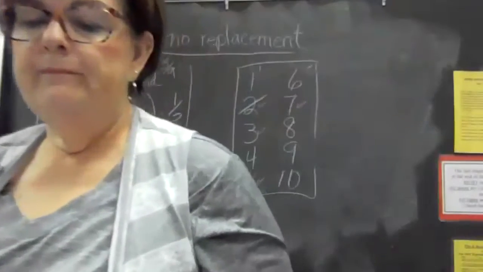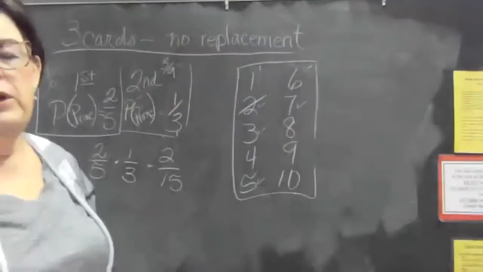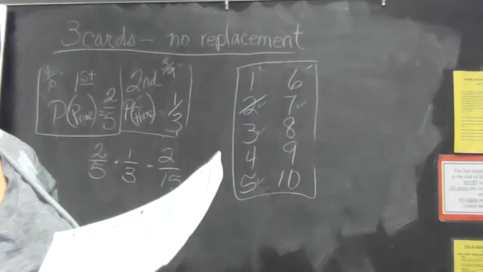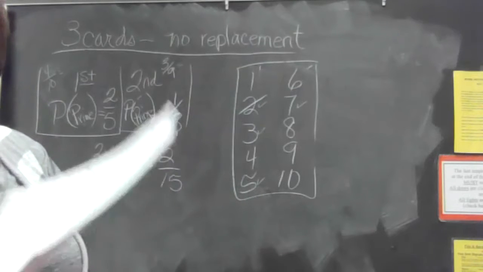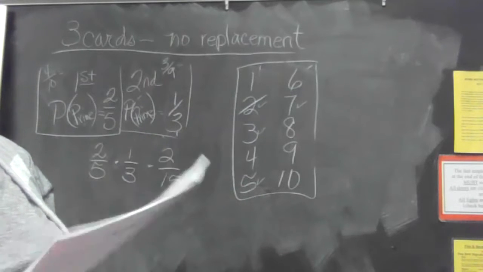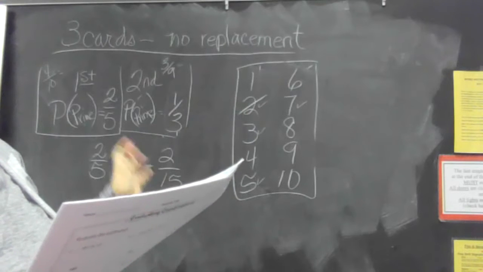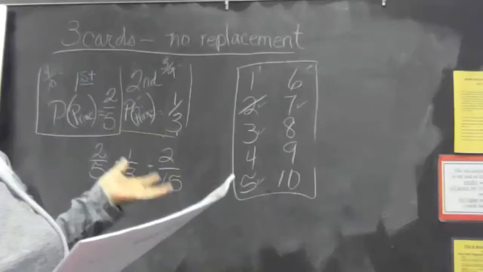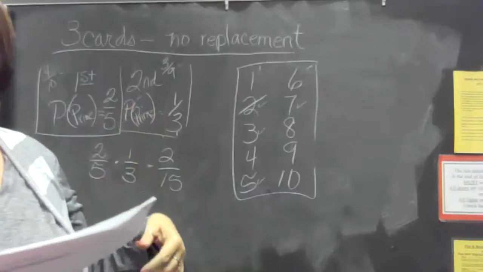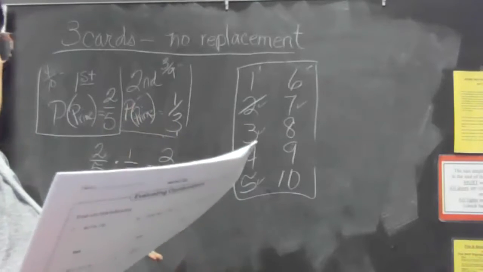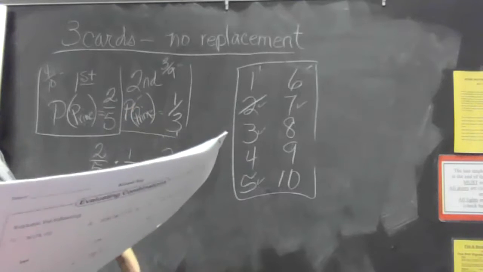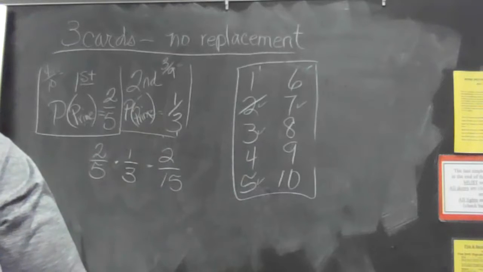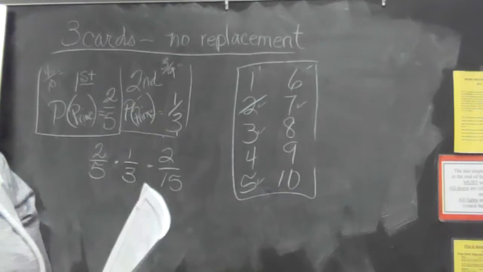Okay, rewind. When I worked this problem, I took part of question number 2, where it said we're not going to replace and everything's the same as the first. But then I skipped to part of number 3, which said I'm choosing a prime number on the first and second, which means the answer didn't come out like it was on the worksheet.